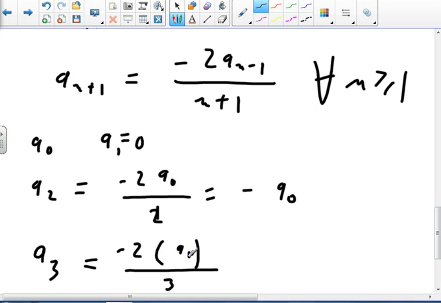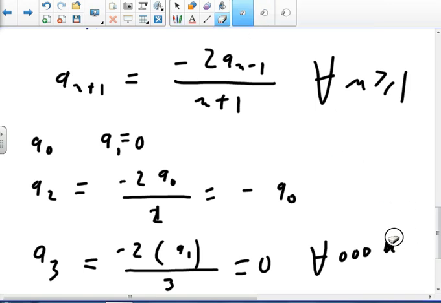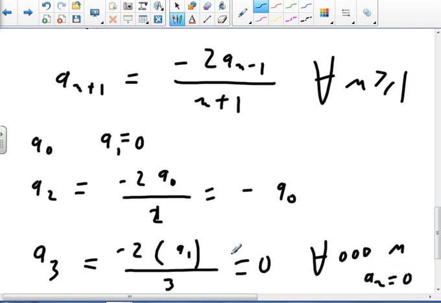But a1 is 0, so this is 0. This strongly implies that for all odd n, a(n) is equal to 0. Because every time I get an odd n, I'm going to get an odd index up here, and it's going to be 0, and it's just going to go away.